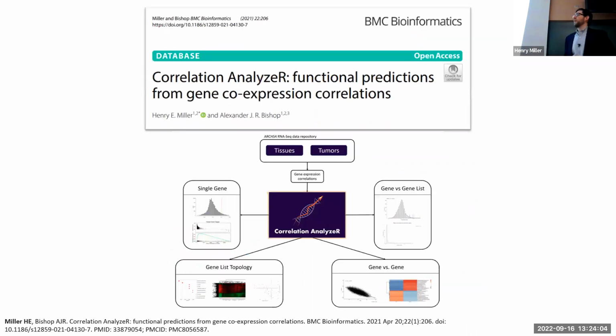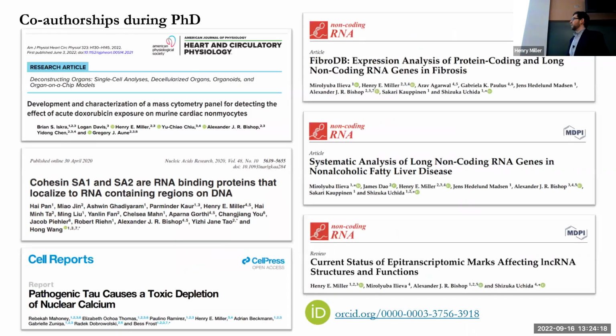This is another study that I had the opportunity to lead, in which I developed a database and web server called Correlation Analyzer that is for measuring gene co-expression correlations and doing a variety of interesting statistical analyses upon them. And these are a few other studies that I had the opportunity to be co-author on during my time as a PhD student.